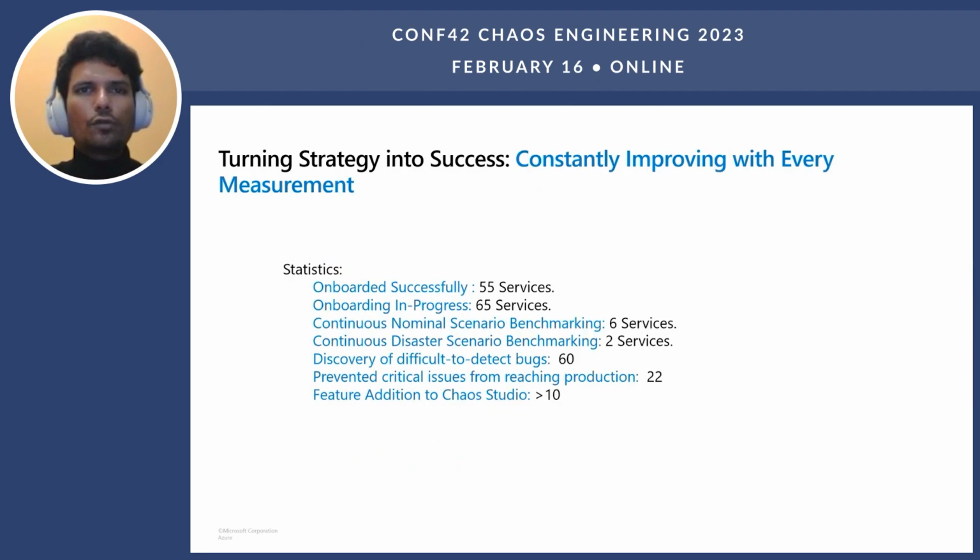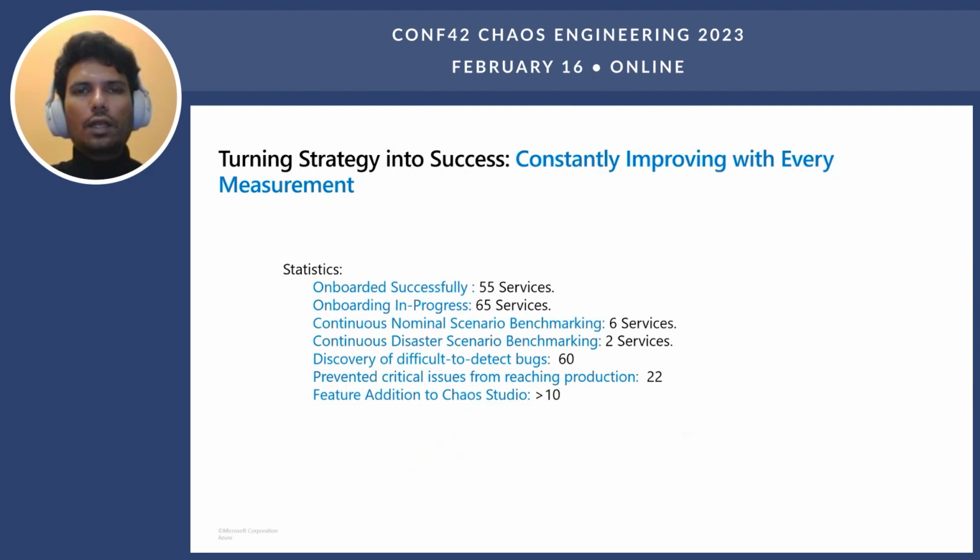Here is an updated overview of our organization's onboarding progress, made possible by the power of Azure Chaos Studio and our effective onboarding strategy. To date, we have effectively onboarded 55 services with an additional 65 services in the process of onboarding. Of the 55 onboarded services, 6 are utilizing nominal scenarios for build qualification and 2 are conducting monthly disaster scenario validation.